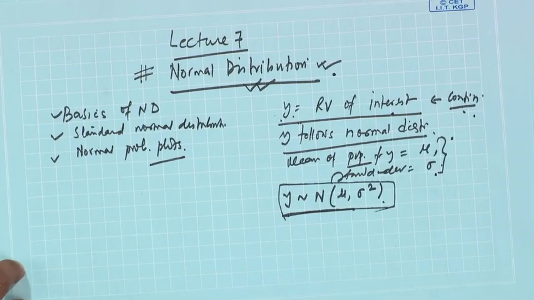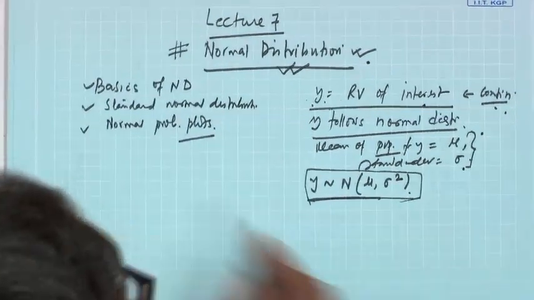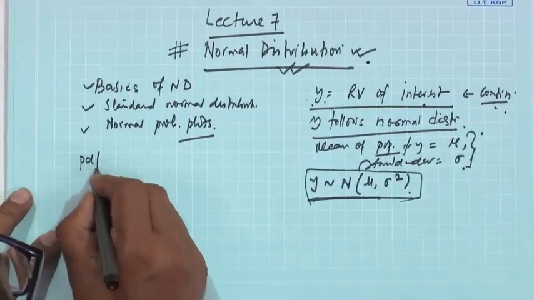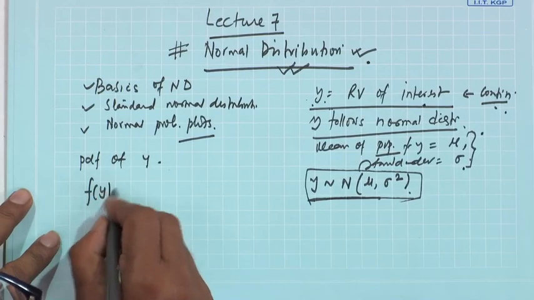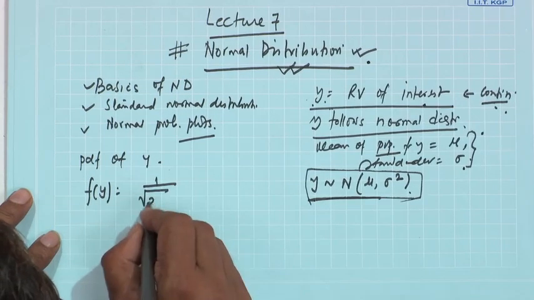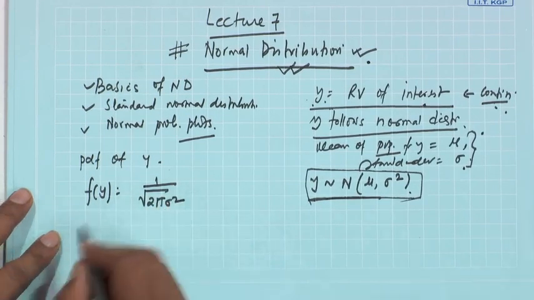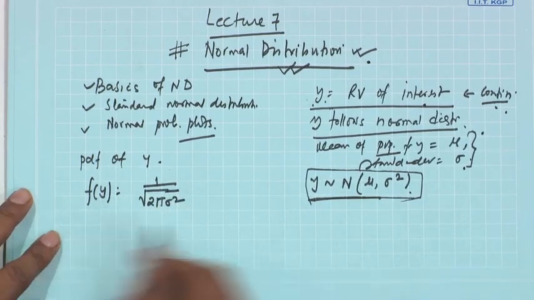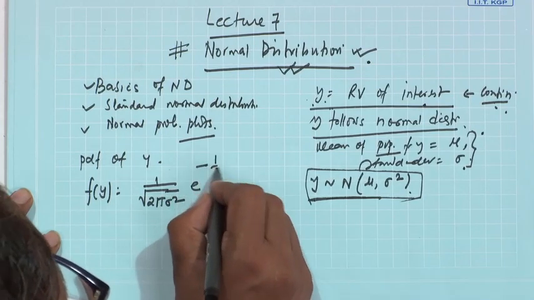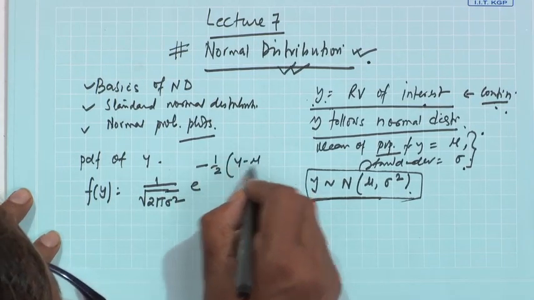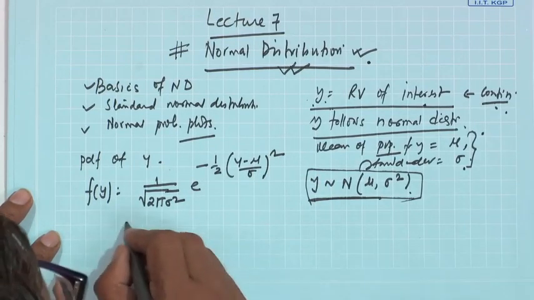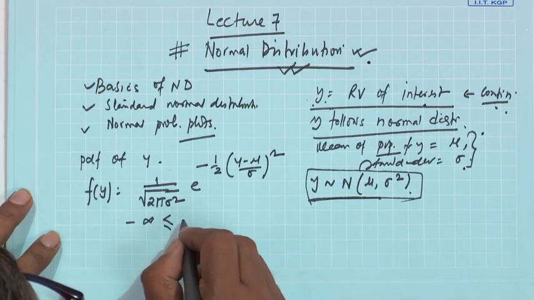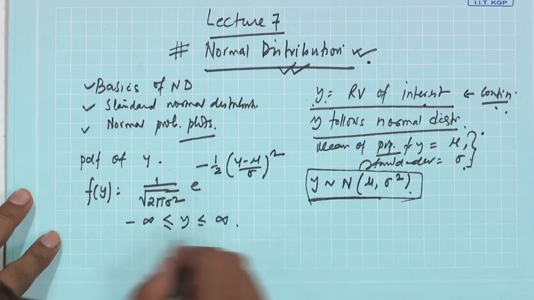Then the probability density function, PDF, of y will be f of y, which is 1 by root over 2 pi sigma square, within brackets, e to the power minus half, y minus mu by sigma, to the power square, and here y ranges from minus infinity to plus infinity.